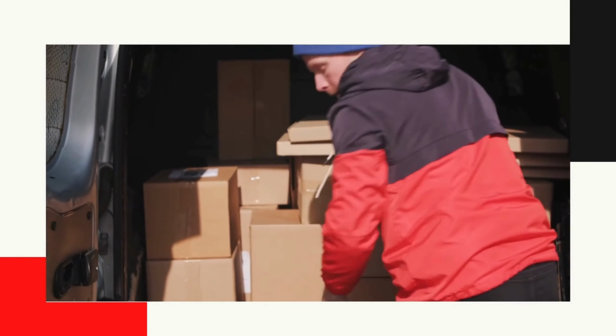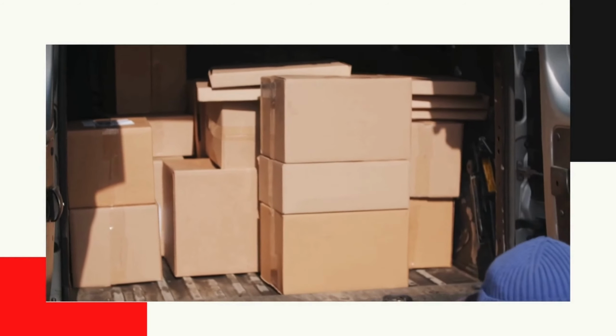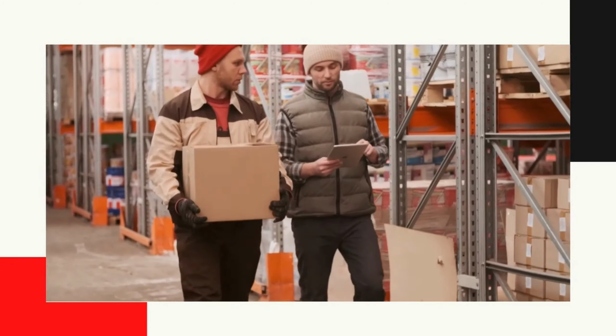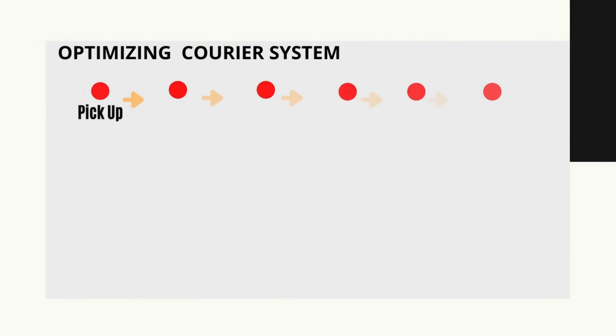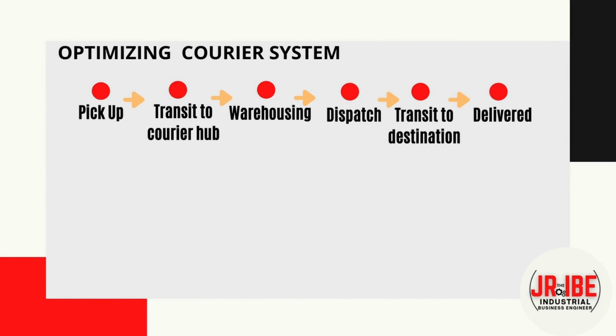The courier process involves a series of activities. It includes the pickup, transportation, warehousing, delivery, and many other operations in the system as simplified in the flow diagram.